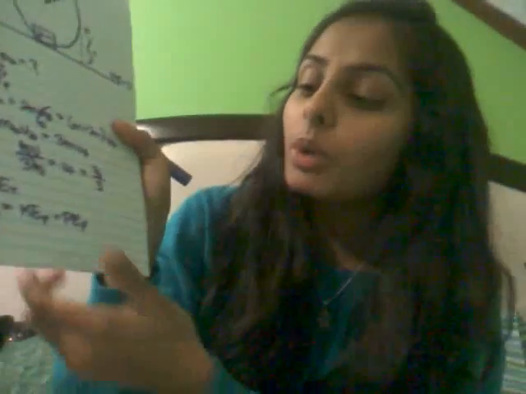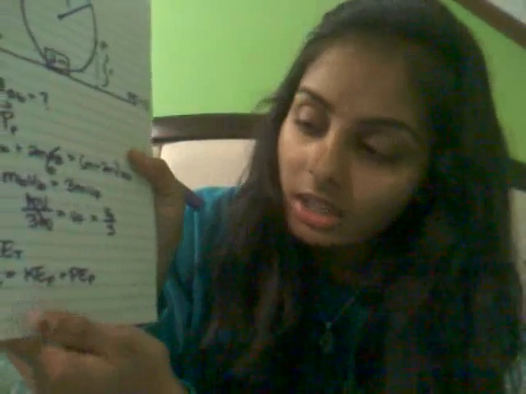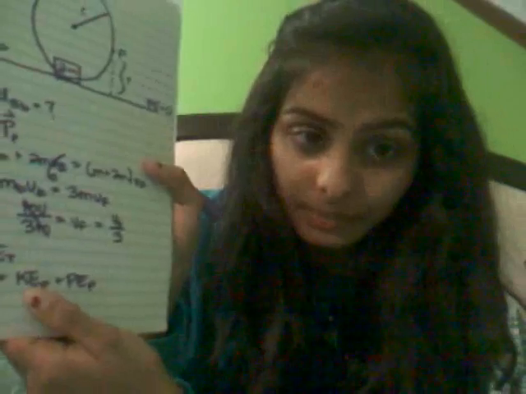Alright. And what we'd be solving for is the kinetic energy at P. So the kinetic energy at P is going to be equal to the kinetic energy at the bottom minus the potential energy at P.